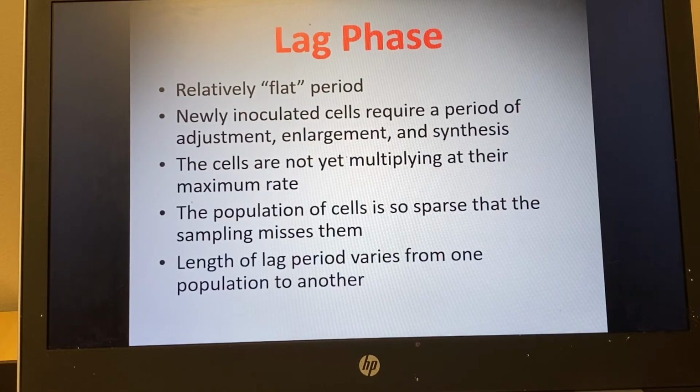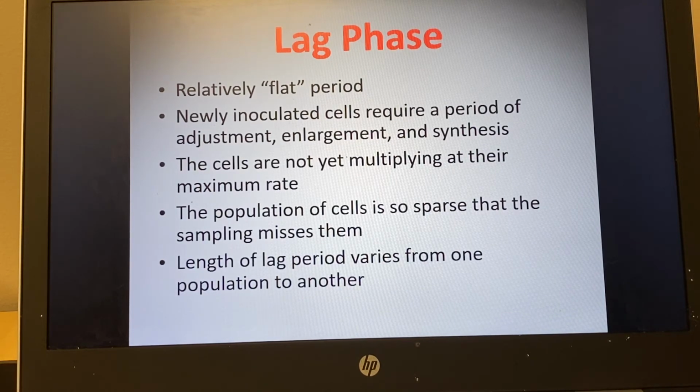Okay, so first let's talk about the lag phase. So the lag phase is where bacterial cells have just been introduced into the environment. Okay, so think of, you just got a cut in your skin and now you have some Staph aureus in there, and the bacteria is maybe just checking out its environment, seeing if it's a satisfactory environment to start reproducing.